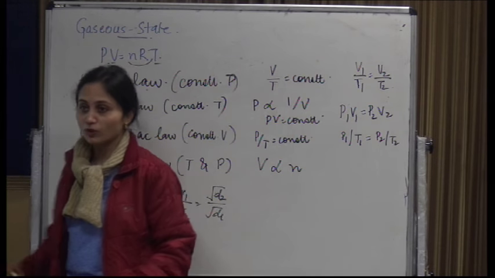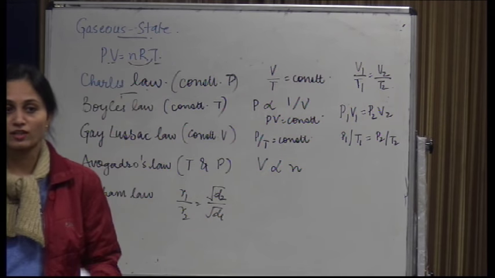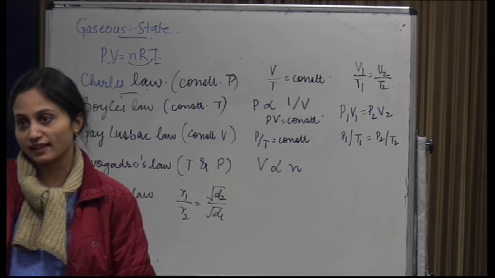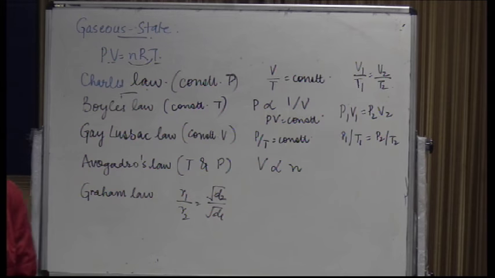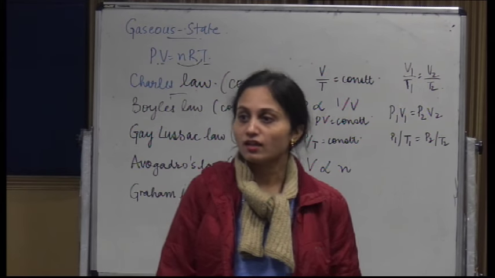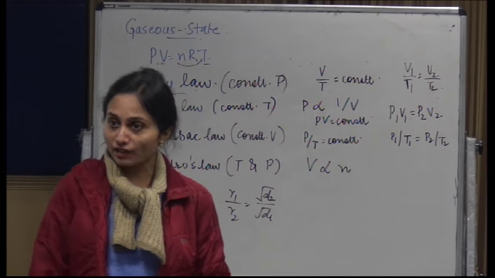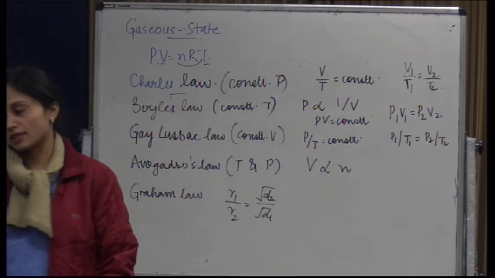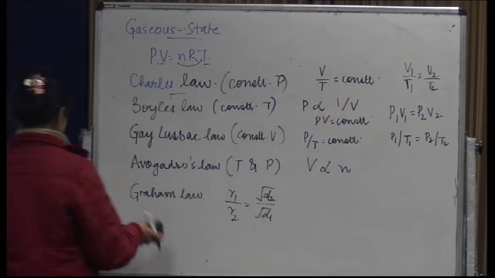Remember that all those gases which follow Charles' law, Boyle's law, all these laws under all conditions of temperature and pressure are known as ideal gases. Generally the gases you have are way off from ideal behavior, and if at all they behave ideally, that will be at low pressures and high temperatures.